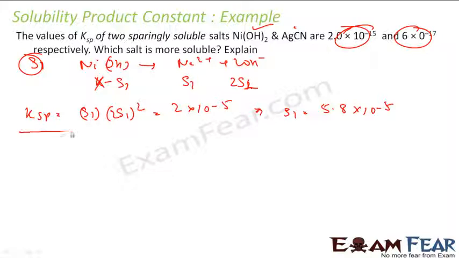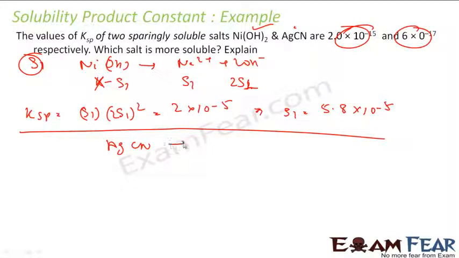Let's do for S2 now. The other reaction is AgCN. It will give you Ag plus and CN minus. So let's assume this was X and the solubility is S2 here. This becomes X minus S2, this becomes S2, and this becomes S2 itself. So Ksp will be what?